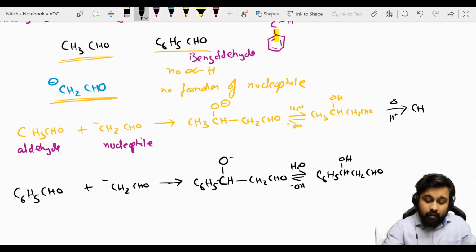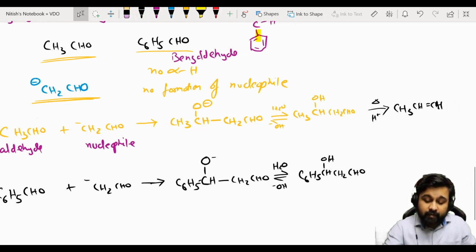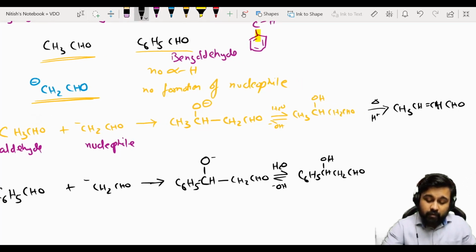These can also dehydrate to form alpha beta unsaturated compounds. So CH3CH double bond CHCHO, and this can also dehydrate to form C6H5CH double bond CHCHO.